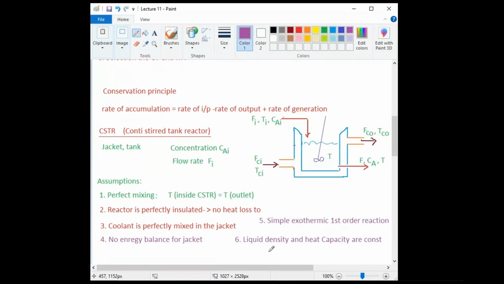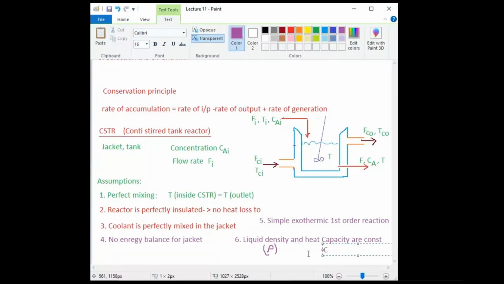This variable we are considering as rho. Rho is the liquid density, and heat capacity is Cp. Cp is the heat capacity.